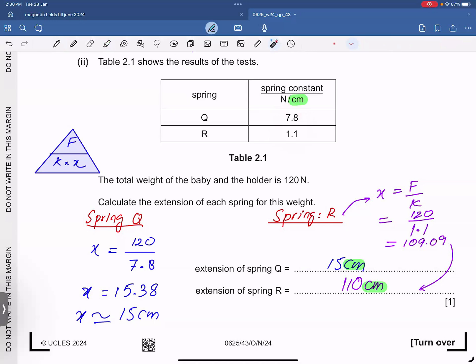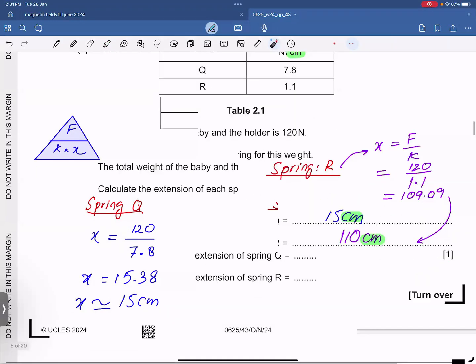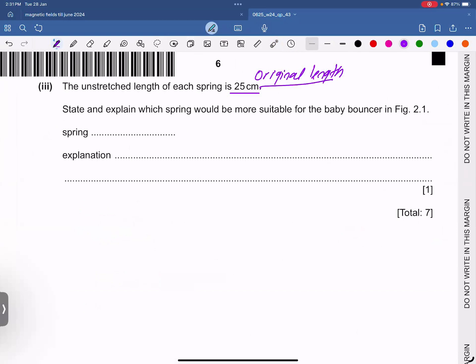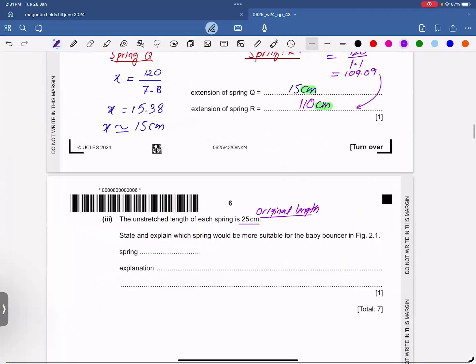Let's go ahead to the next part of the same question. Now, the unstretched length of each spring was 25 centimeter. This is called original length or unstretched length. Straight, explain which spring would be more suitable for this. Go back. Original length is 25.